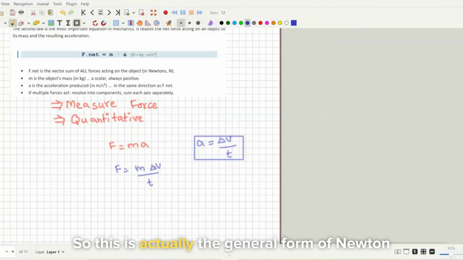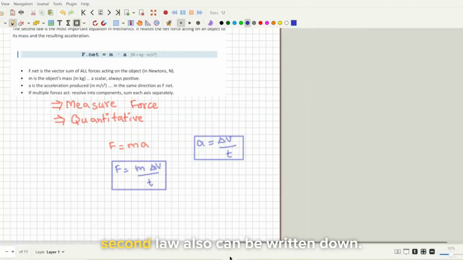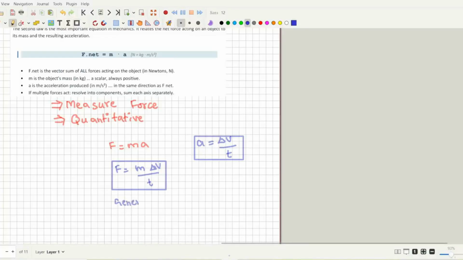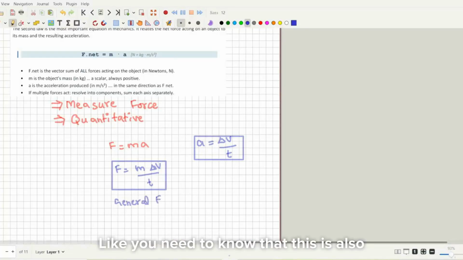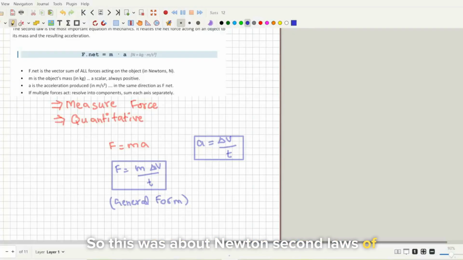This is the general form of Newton's second law. You need to know that F equals m delta v over t is also the formula for Newton's second law. So this was about Newton's second law of motion.